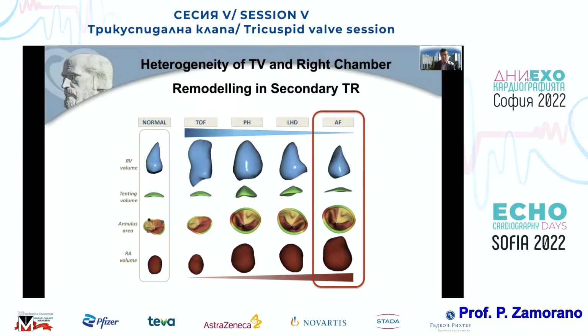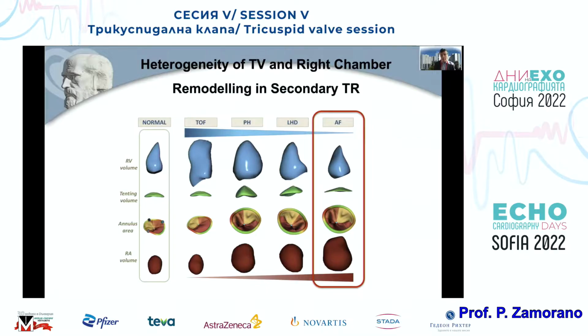Why is this? Because if you look at what happens with the right ventricle volume, the tenting volume, the annulus area, or the right atrium volume, it's absolutely different if you see a patient with atrial fibrillation, or a patient with left heart disease, or with pulmonary hypertension, or even with TOF.